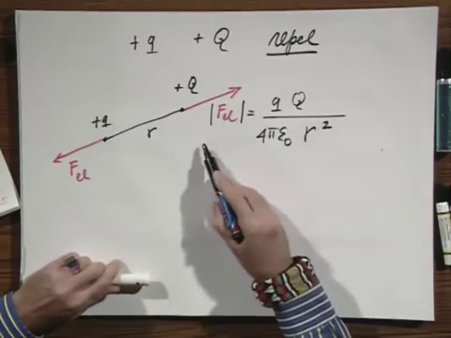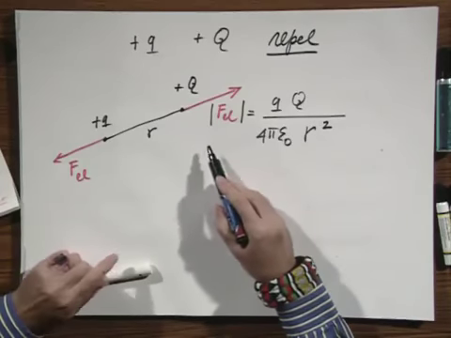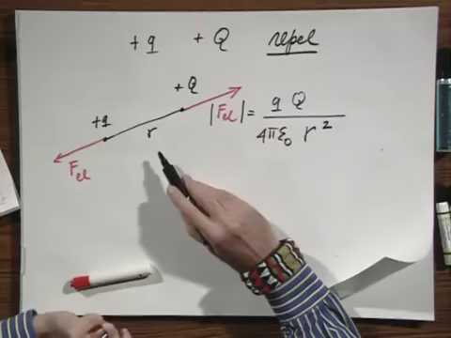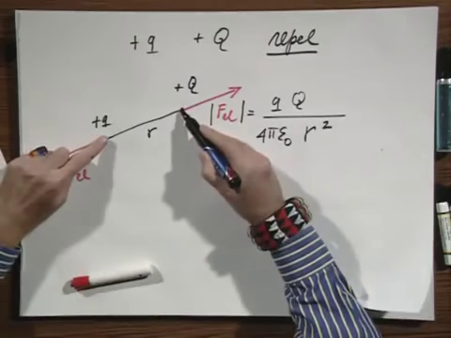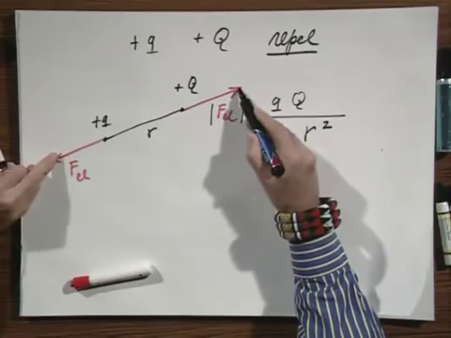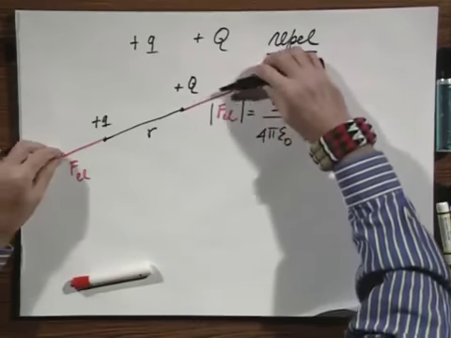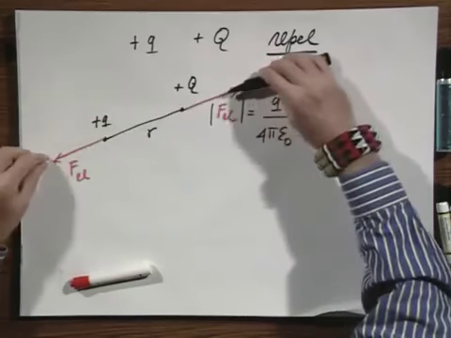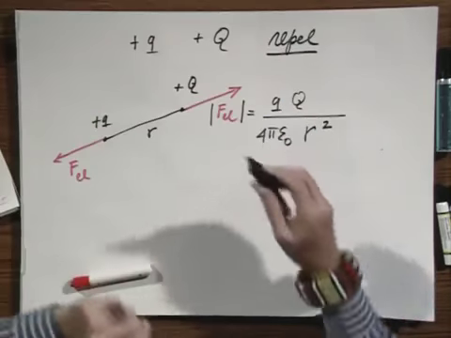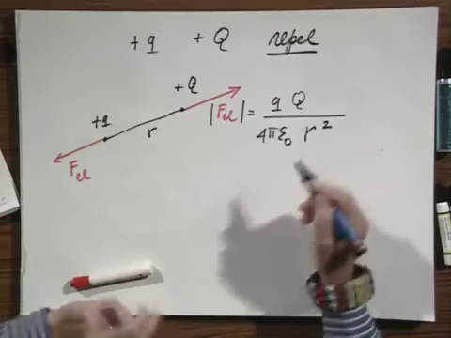If I increase the distance between these two objects, I have to do negative work. If I have to bring them closer together, I have to overcome this repelling force, then I have to do positive work.